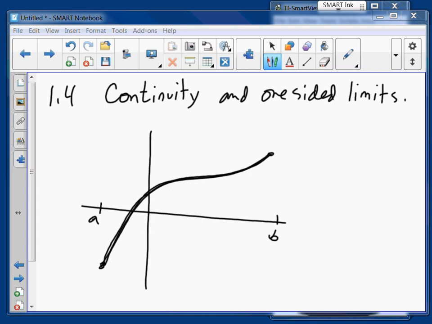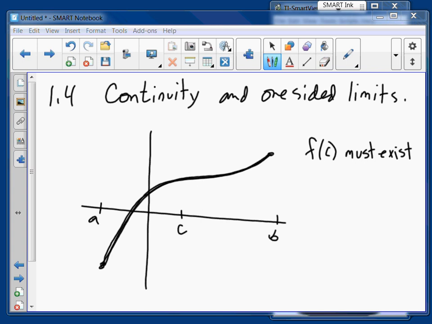Now, mathematically, there's actually 3 parts to being continuous. First of all, for any point C in between A and B, f of C must exist. Any point. It has to exist at some point in there.